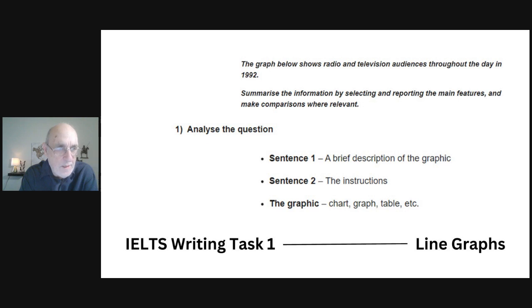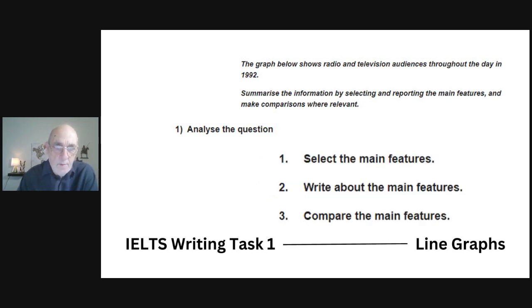And we want to be clear on the instructions. We're summarizing or giving an overview of the entire graph. We're picking out the main features and we're making comparisons. So these are our 3 main tasks when it comes to task achievement. Select the main features, write about the main features, and compare the main features.